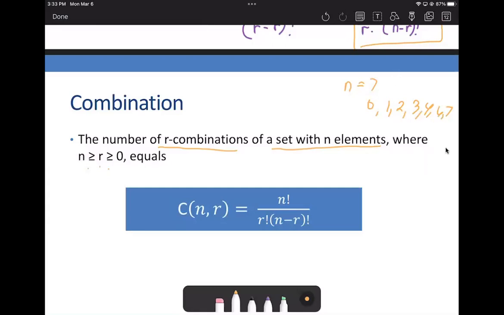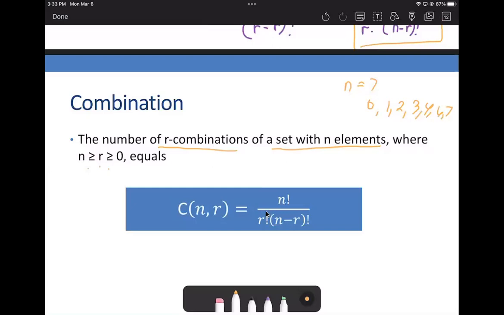Rian? So what do you think is the difference between the formula of the permutation and the derived na formula for the combination? Ako po ba, ma'am? Yeah, oo. Yung sa permutation po, wala pong r factorial sa denominator. Tama. Wala siyang r factorial sa denominator.